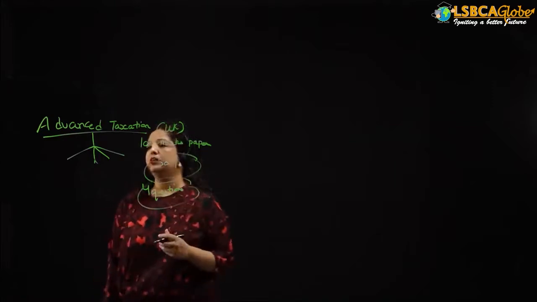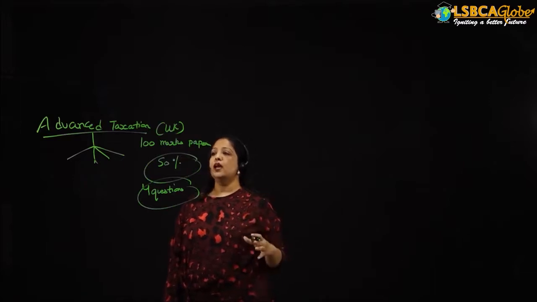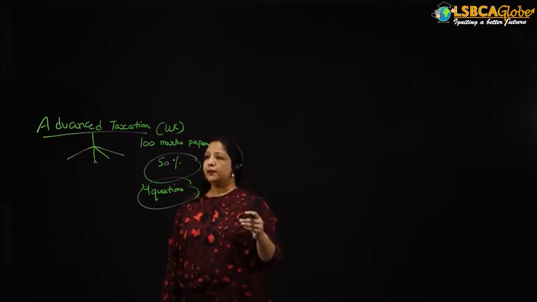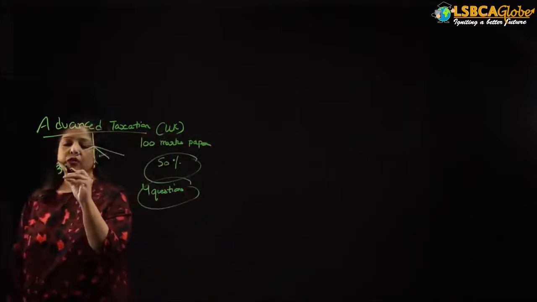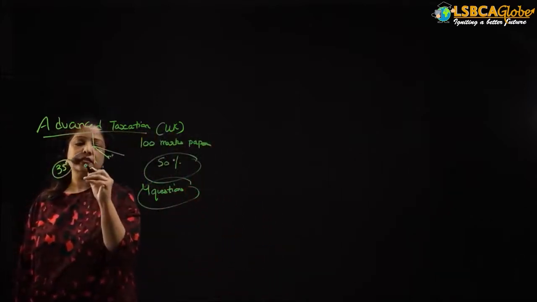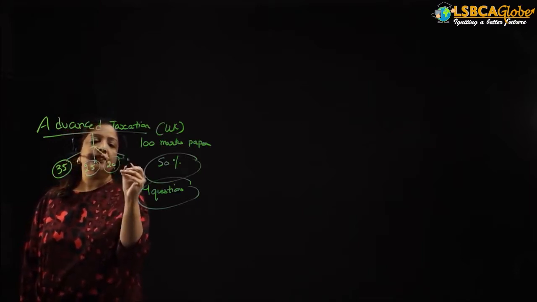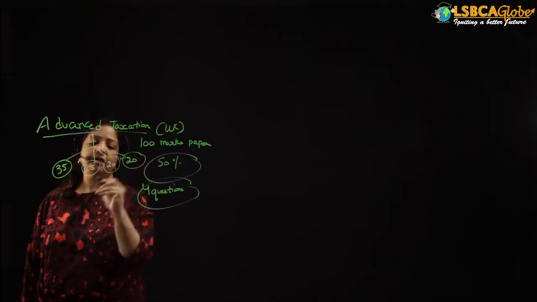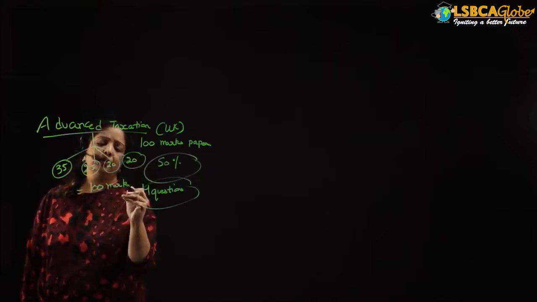Initially, class, 2 3 years back, the choice used to come, but now they have closed the choice. It is compulsory to attempt all the questions. The questions are going to be 35 marks, 25 marks, 20 marks, and 20 marks, equal to 100 marks.